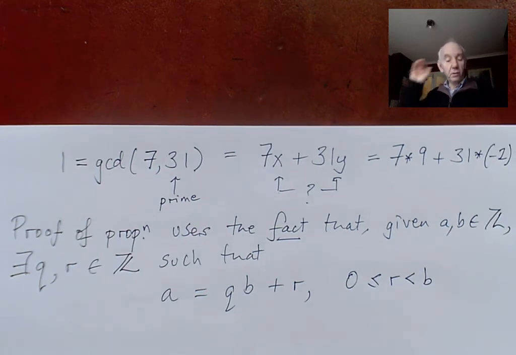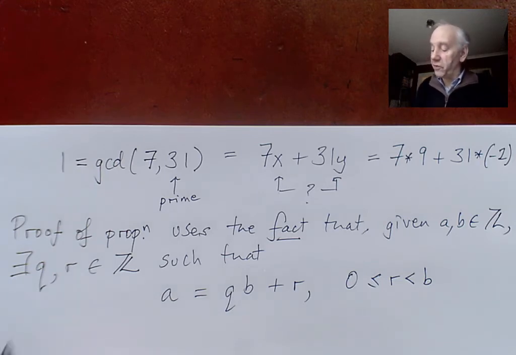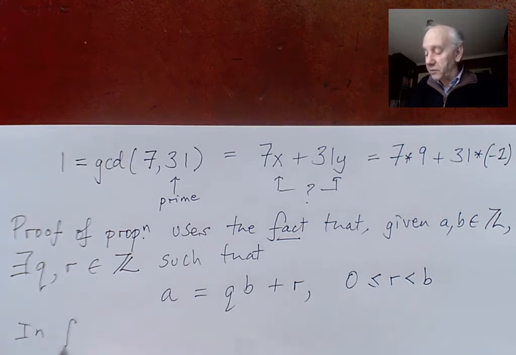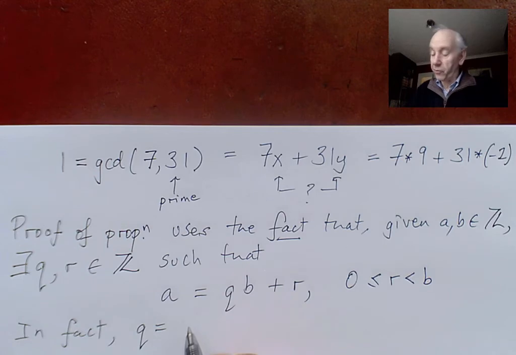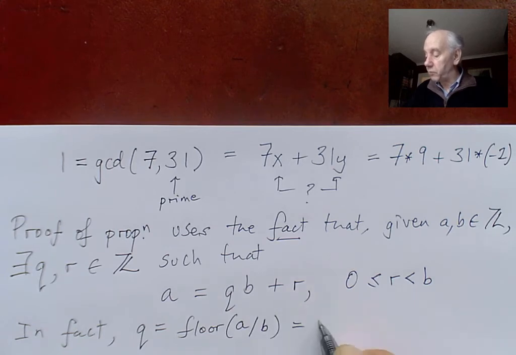So that's the so-called division algorithm, and there's a sort of formula for q, in the sense that the reason is sort of obvious: you can simply define q as the biggest integer which is less than or equal to a over b. That's sometimes called the floor, if you're doing computing, of a over b, and sometimes written like this.